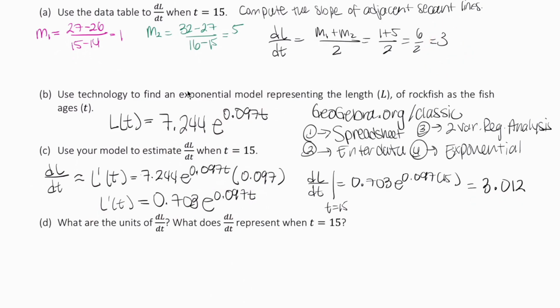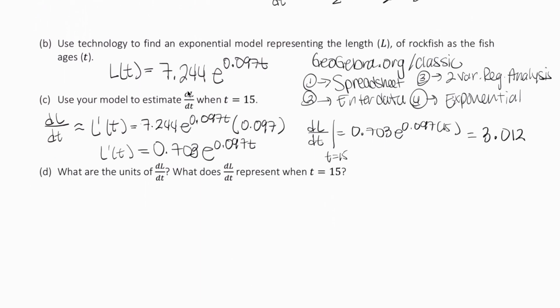So now this next part gets to the heart of what we really want to know. What are the units of dl dt? And what does dl dt represent when t equals 15? That's especially important. Well, dl over dt, let's get used to this notation. The top here is length, and the units of the length are in inches.